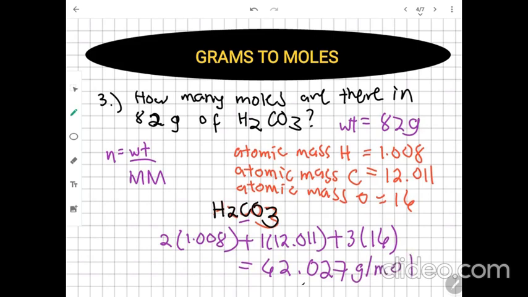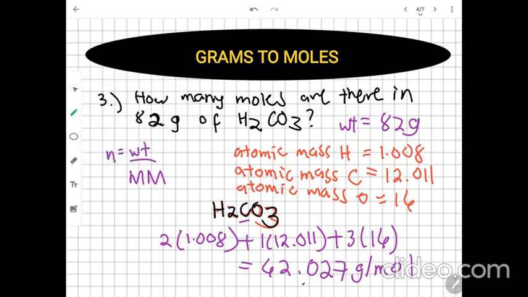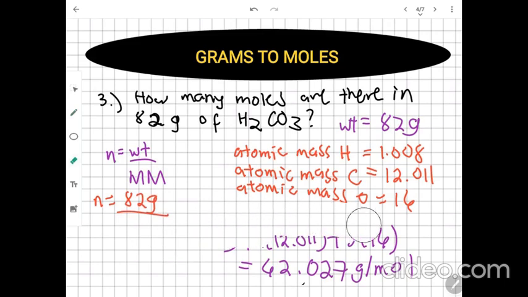Okay, now that we have already our value for molar mass and weight, we can now solve for our moles. So here, let's solve for moles. n is equal to your weight value or mass value, 82 grams, and for your molar mass, you have here 62.027. Okay, let's check first. Okay, that's right.